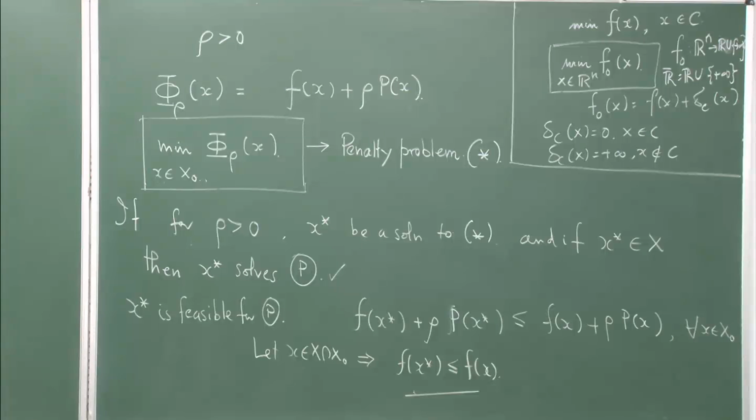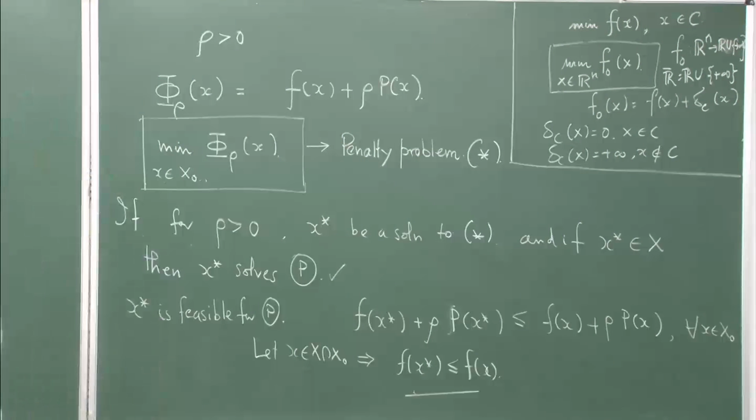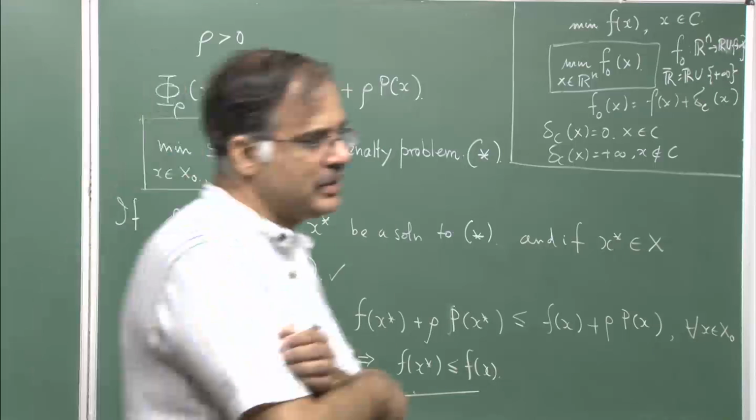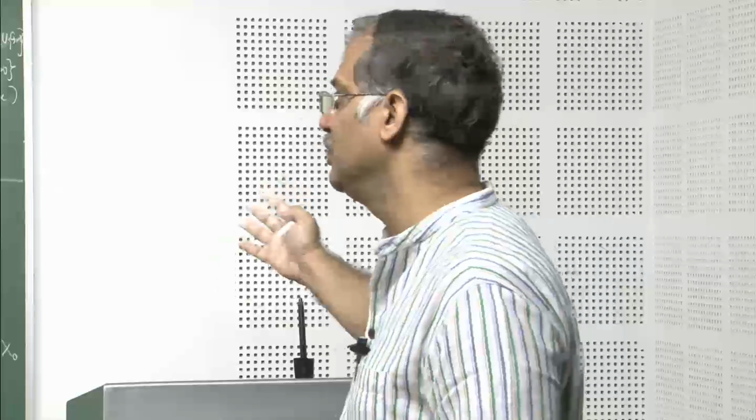Now, we will try to show you that if I keep on increasing rho, that is, I take a sequence rho 1, rho 2, rho 3, rho 4, as rho k goes to infinity, I start generating the solutions of this penalty problem for each k. So, for rho 1 it is x1, rho 2 it is x2, rho 3 it is x3 and so on.